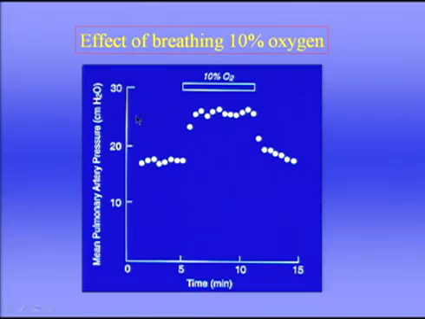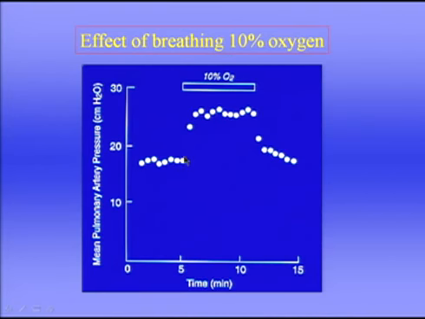And so the only difference in changing the inspired gas is to make the alveoli hypoxic, and this is done over this period of time, about 5 minutes or so, and then we return to air breathing again, and the pulmonary artery pressure returns to the pre-hypoxic period.